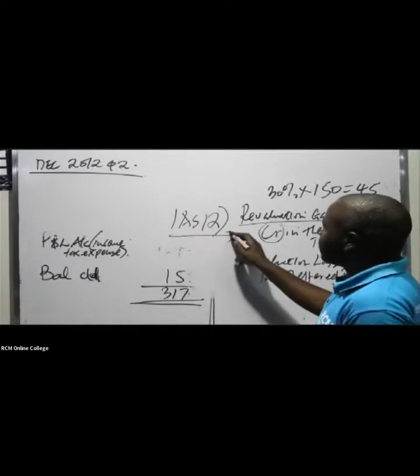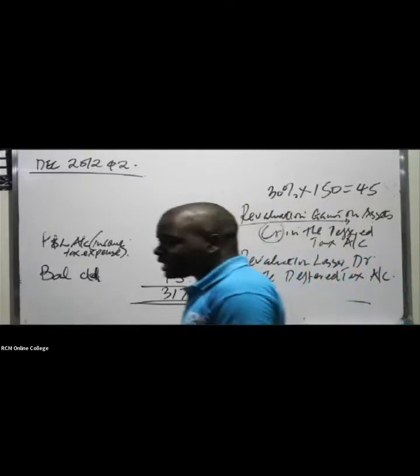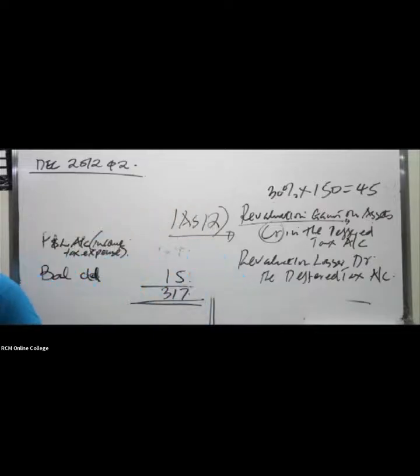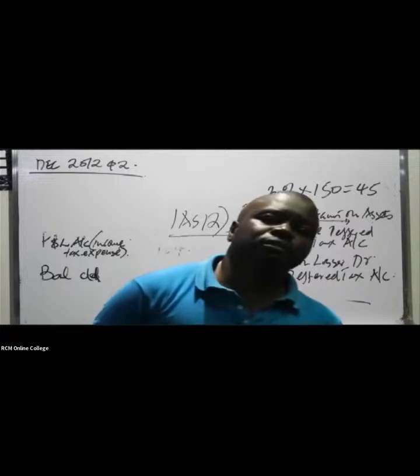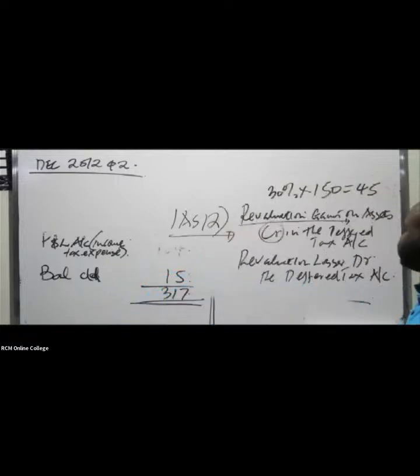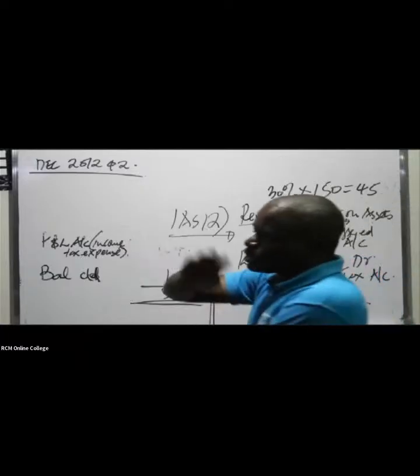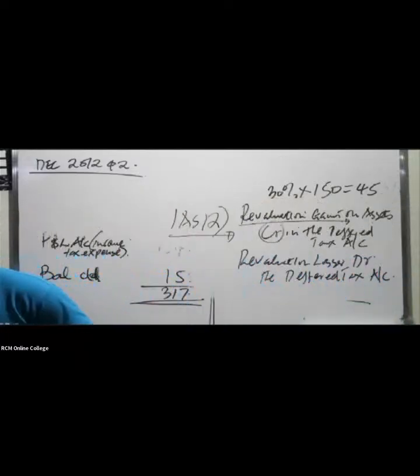That is just direct. So if you have revaluation gains, you credit that deferred tax account. Revaluation losses, you debit. It is the opposite. I hope you are together there, James.